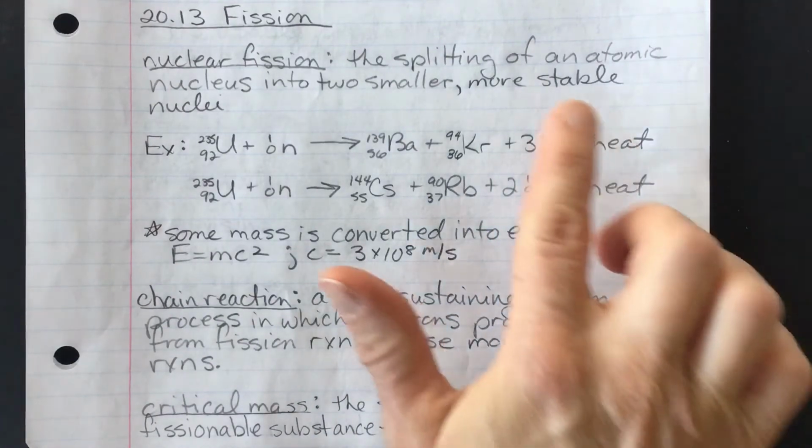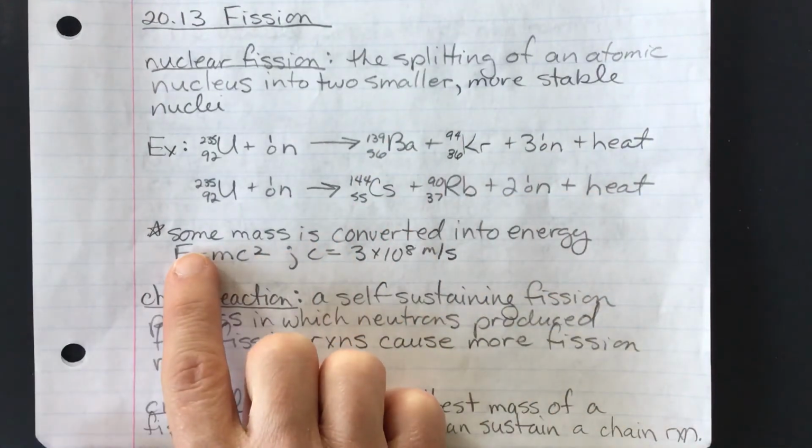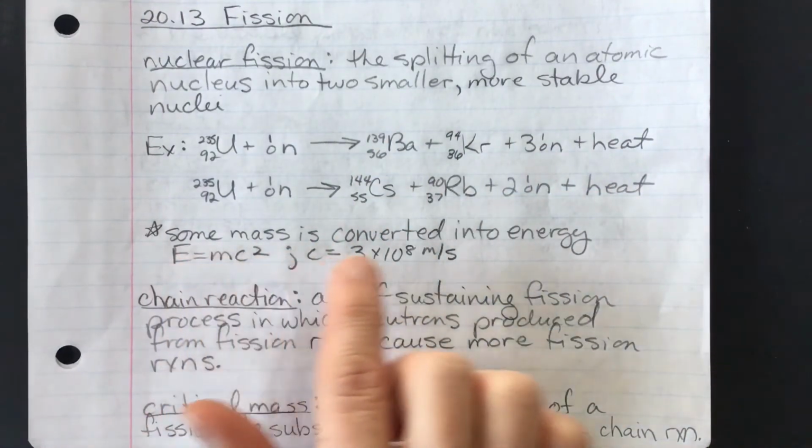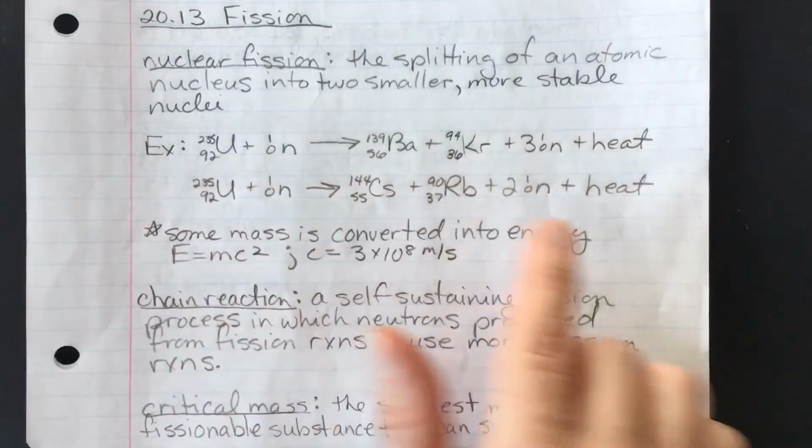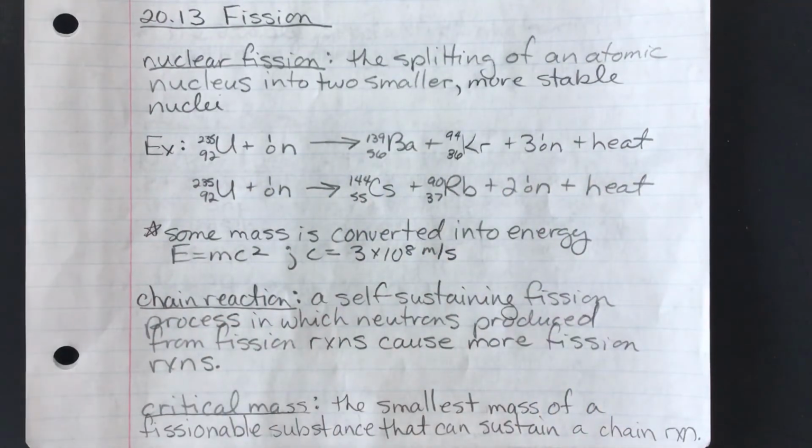And looking at this, where the heat comes from is that some mass is converted into energy. Now, you cannot tell from the equation, which balances mass-wise, but when they use the empirical data directly from experiments, they find that they have less mass than they started with.